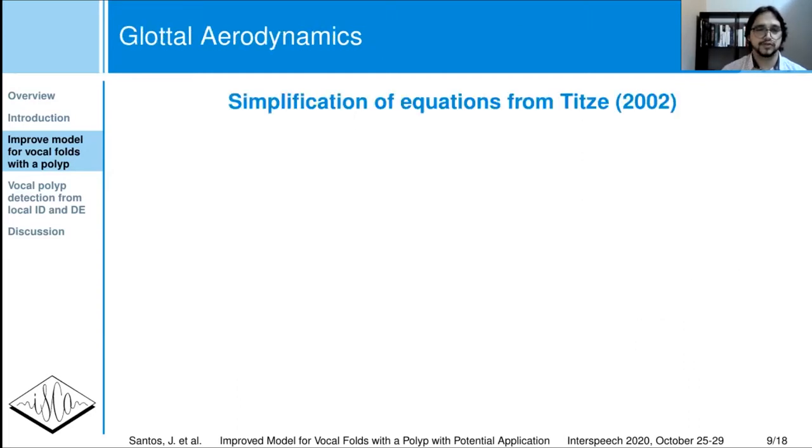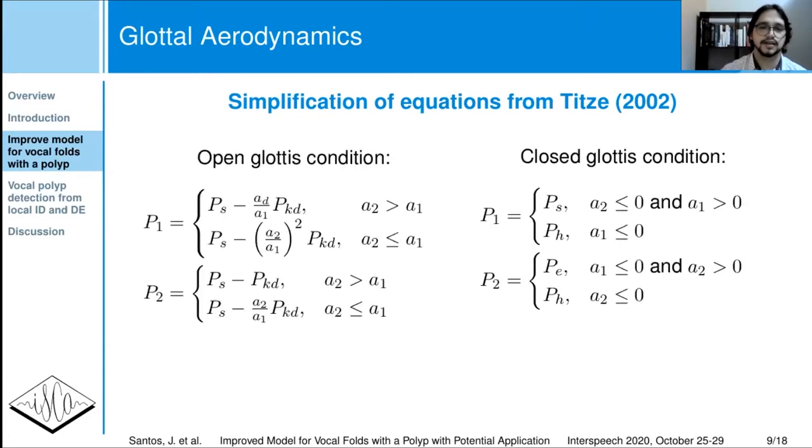And for the glottal aerodynamics of this model, we use a simplification of the equations from Titze, and we use two sets of equations. One for the open glottis condition, where we have a jet flow and a Bernoulli flow, and another set of equations for the closed glottis condition.